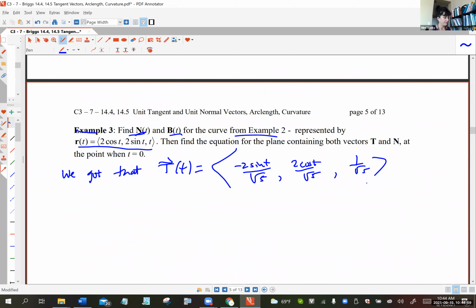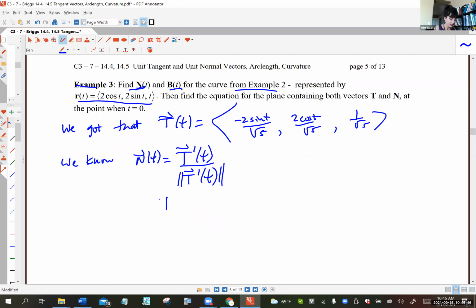Go get big N. We know big N, by definition, is the unitized big T prime. So in order to come up with big N, we have to do this step by step. Let's get big T prime first. That's not hard because it's just taking the derivative of big T component by component. The first component: what's the derivative of negative 2 sin t over square root of 5?